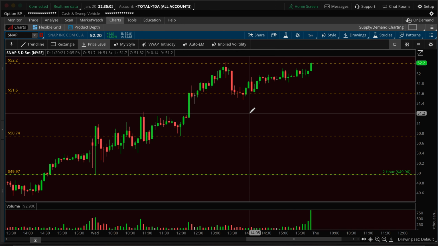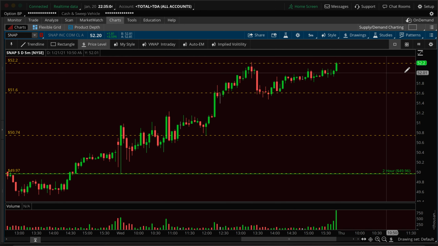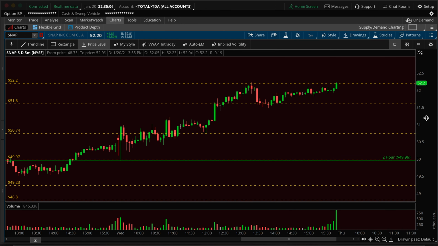But you can see here, if I had that zone, we rallied here, and as we're talking about it, we held here and then rallied to this zone and then pulled back, held this zone, and then rallied and closed at that zone.